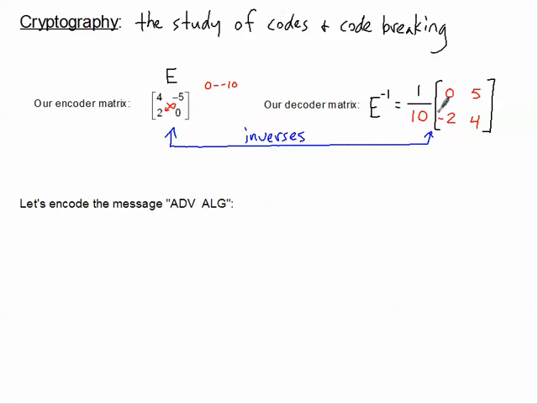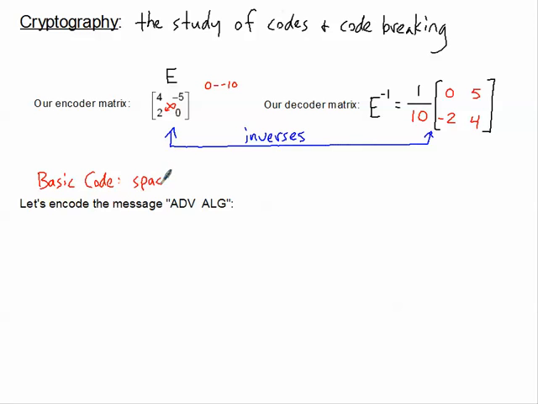So let's talk about a basic code that we're going to be using. For a basic code, we would assign each letter to a number.